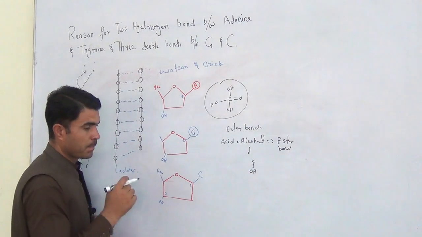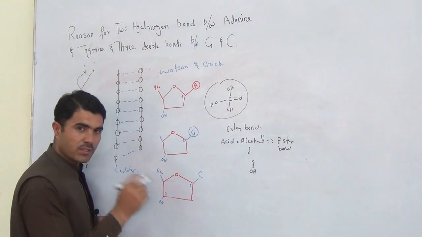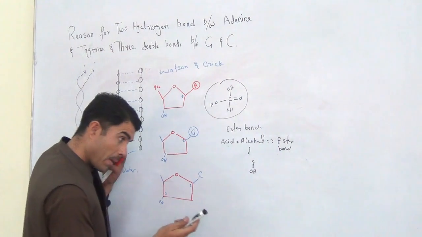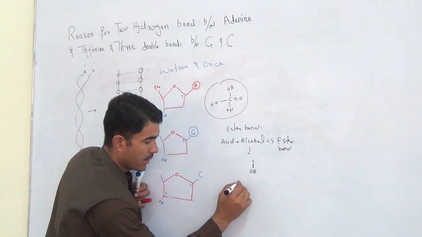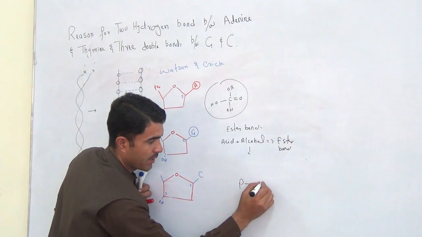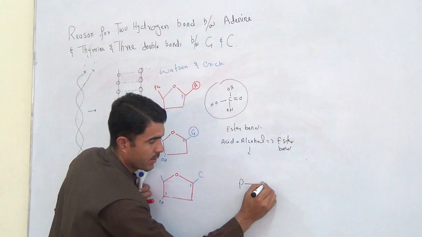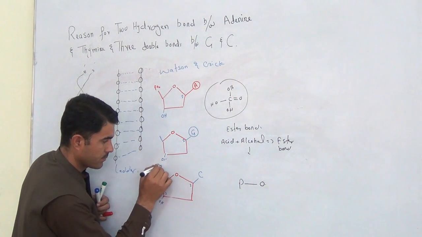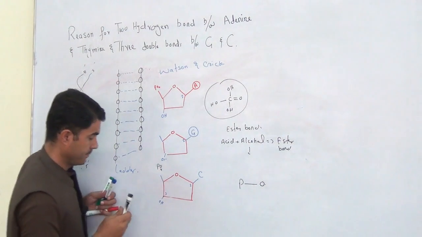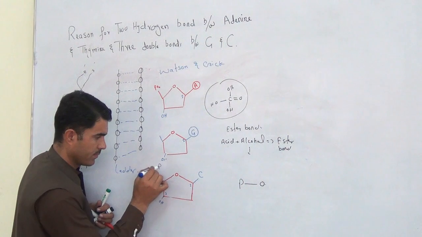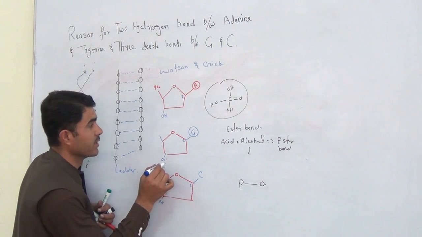What will happen? The phosphate will give its OH, right? Here is P, make a bond with O. Here I'll just write here. This is a phosphate. If I write it in this form, it will be very good, I think.